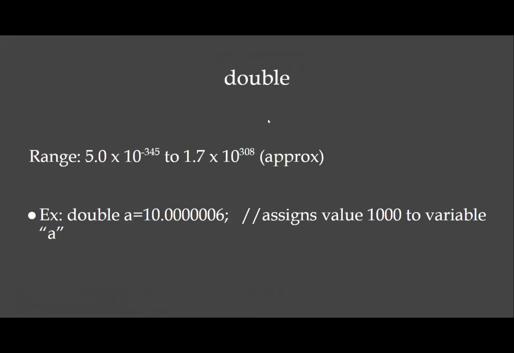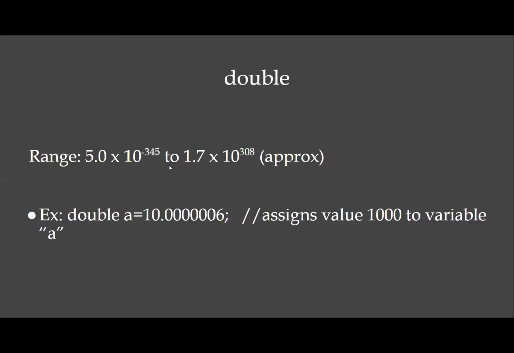And in competitive programming, it does make a lot of difference. So double is like a bigger version of float rather than integer. I guess that's all.